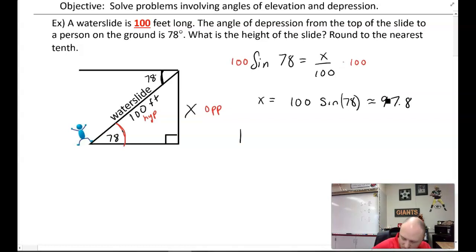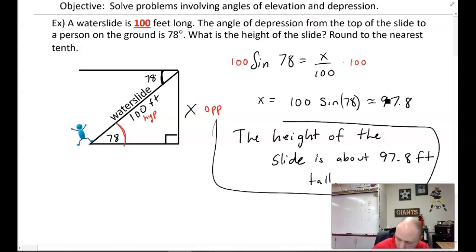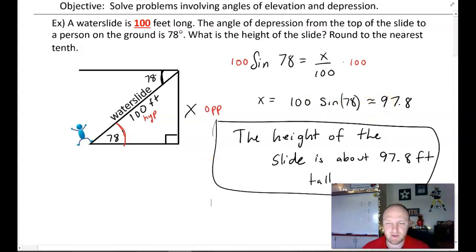The height of the slide is about 97.8 feet tall. Tall, short, however you interpret that.